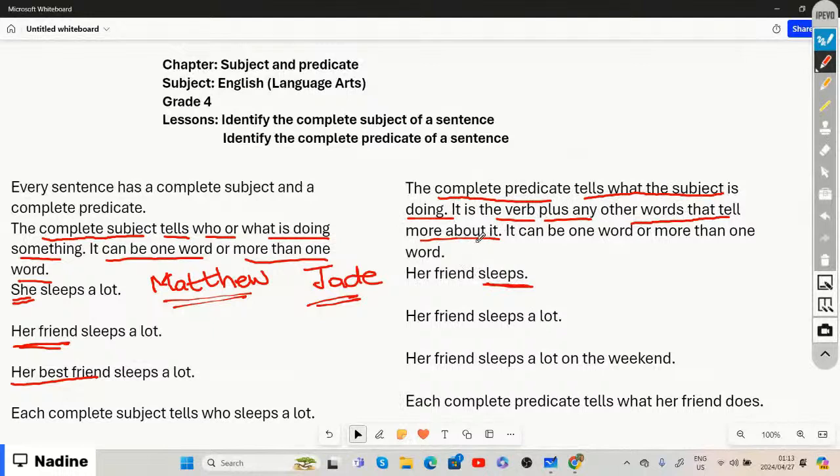Or if you look at the next sentence, it says her friend sleeps a lot, right? So, what is her friend doing? Sleeps a lot. Remember, we said it can either only just be one word or it can be more than one word, meaning it is the verb plus any other words to tell us more about it.